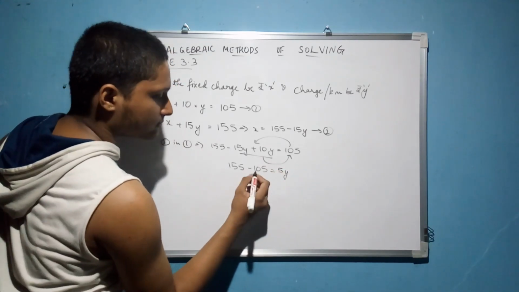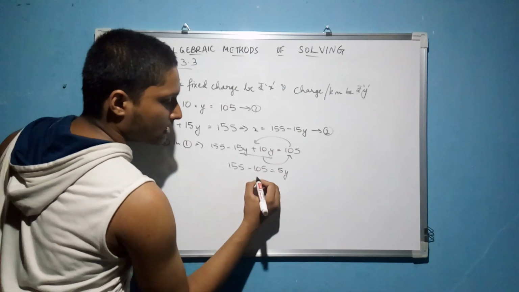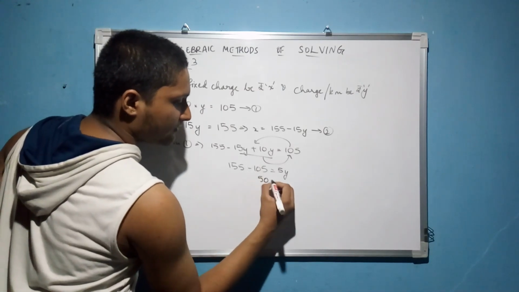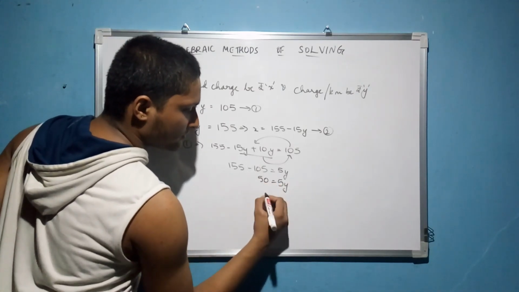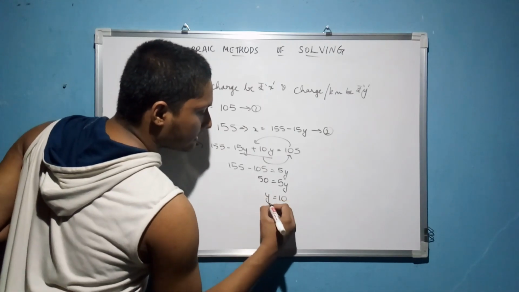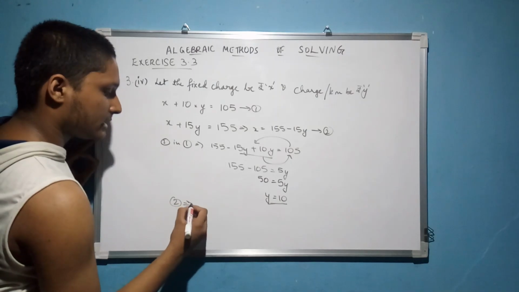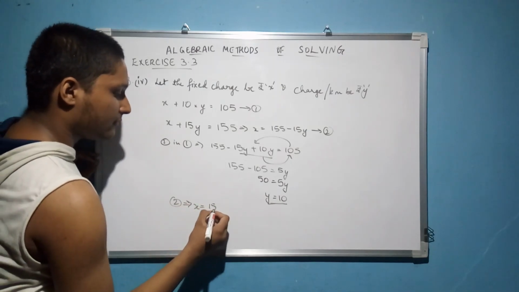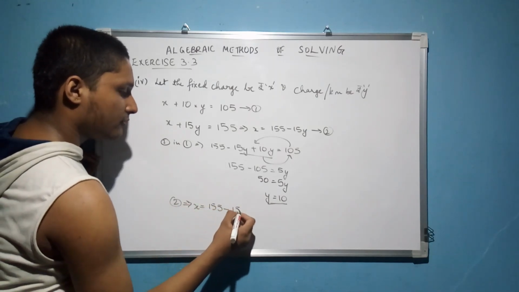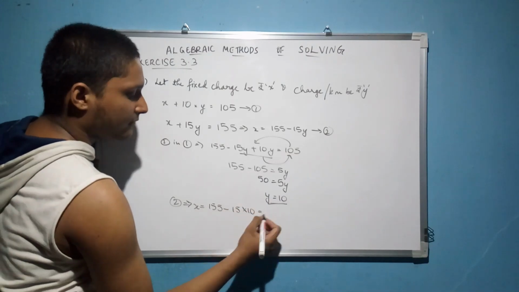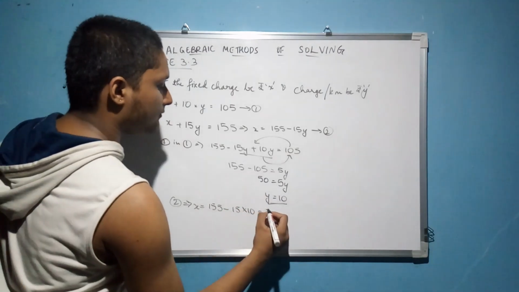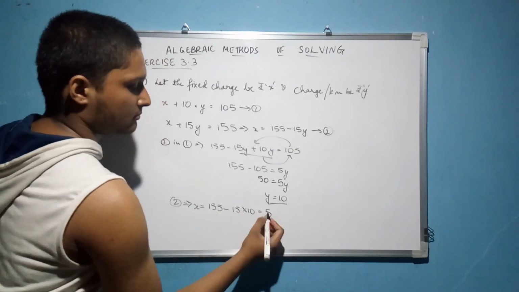So 50 is equal to 5y, therefore y is equal to 10. Now we'll take the second equation, which says x is equal to 155 minus 15 into 10, that is 150. 155 minus 150 is 5.